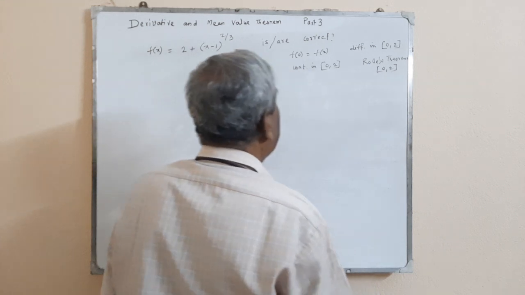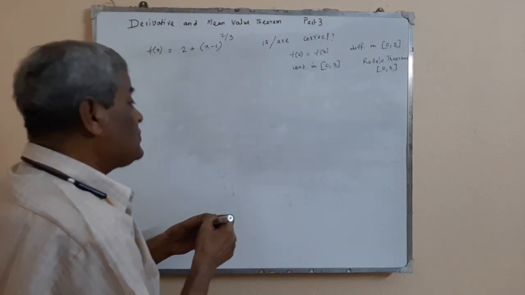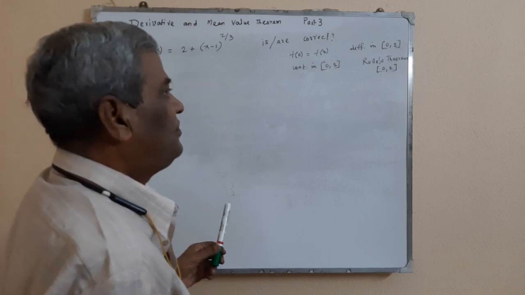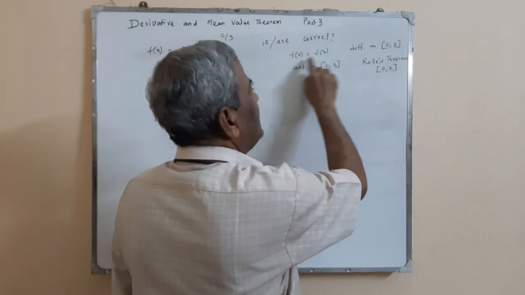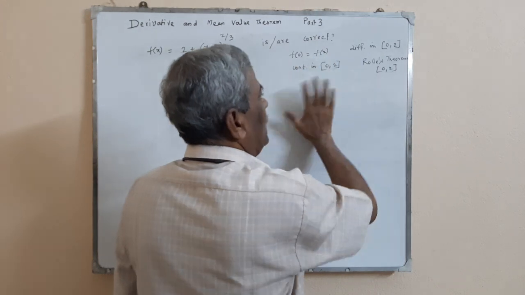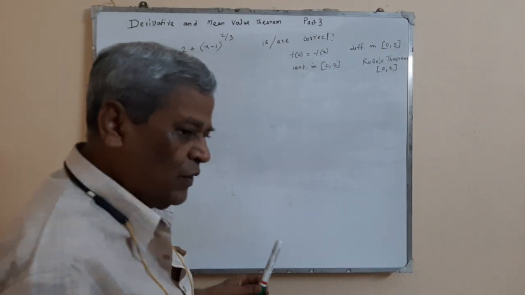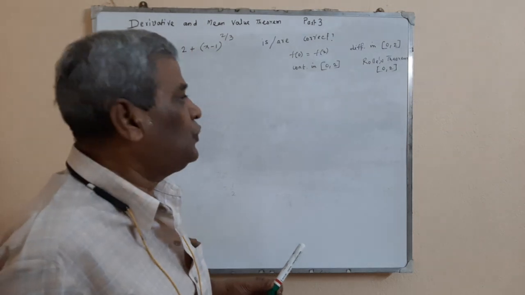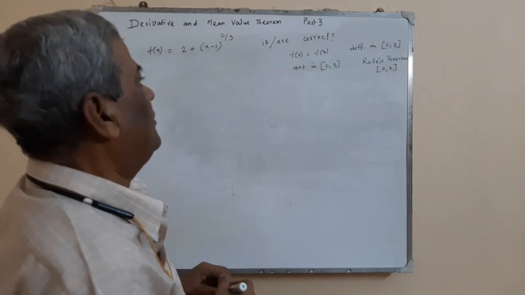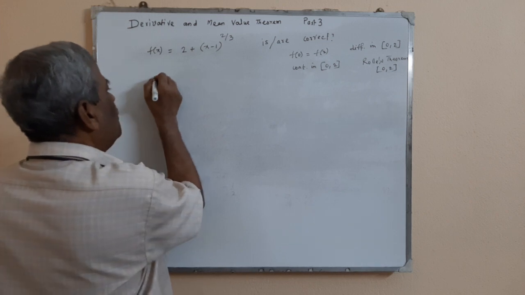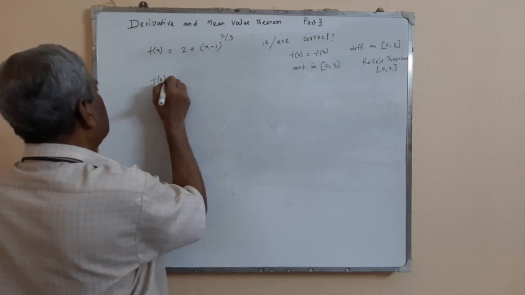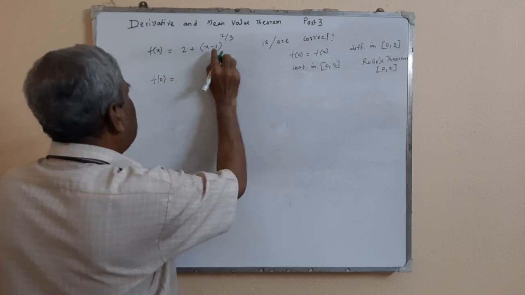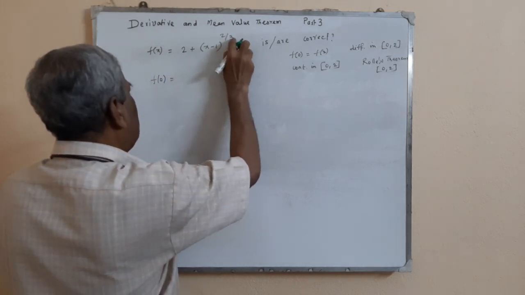So, in this case, one function is given and some conditions are there, f(0) is equal to f(2) and so on. One or more than one answer may be correct, so we have to test one by one. So f(0), how much? f(0) is 2 plus (minus 1) to the power 2 by 3.